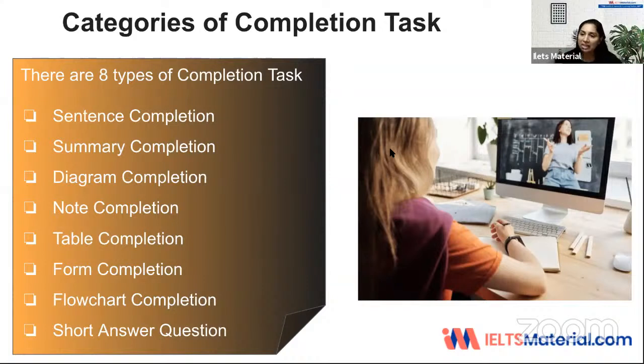And related to these lengthy passages, you have at least 2 to 3 question tasks, right? So it can be categorized in this way that true, false, not given may be in the first 3 paragraphs. And then the completion task would start. And then we also have the MCQs. So it may go in the sequence. It may definitely go in the sequence. But this is not the case every time.